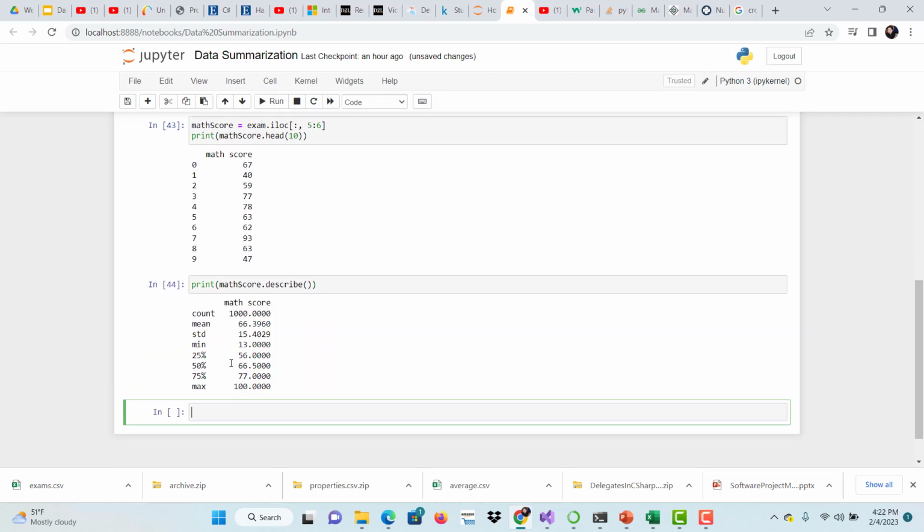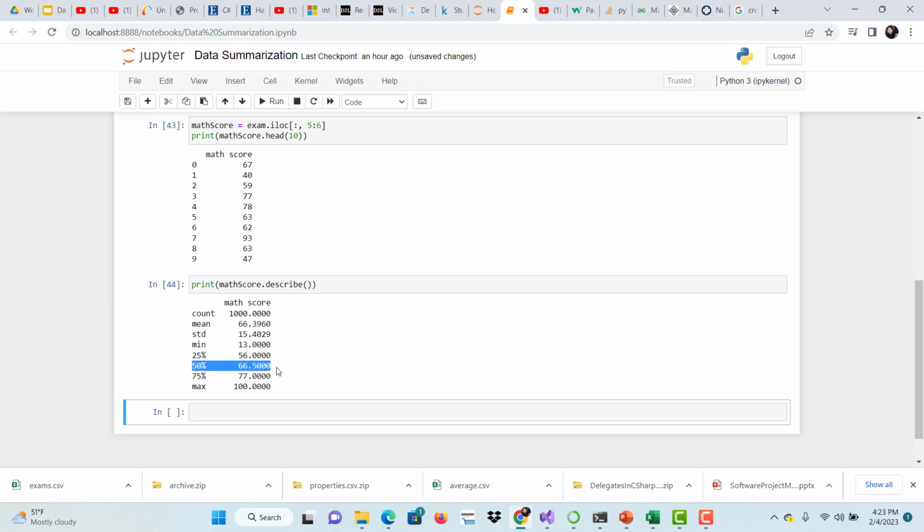Okay, this function immediately tells us the count, meaning how many records there are: a total of 1,000 records. The mean is 66, and the standard deviation is 15. The minimum score is 13, the maximum score is 100, and this is the median.